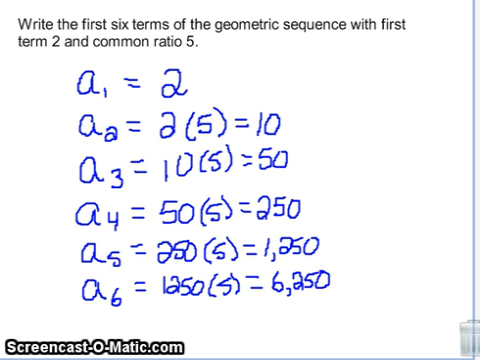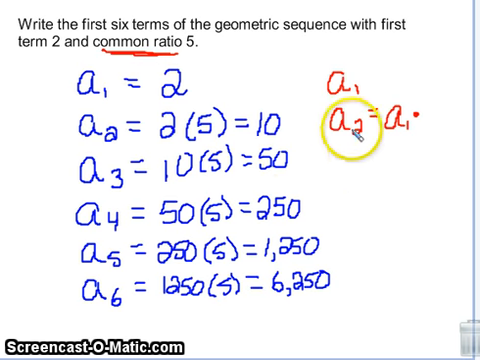Now what I want you to see is where your formula comes from. This is your a sub 1, your a sub 2 is equal to your a sub 1 times 5, and your 5 is your common ratio. And what do we use to represent our common ratio? R, right?